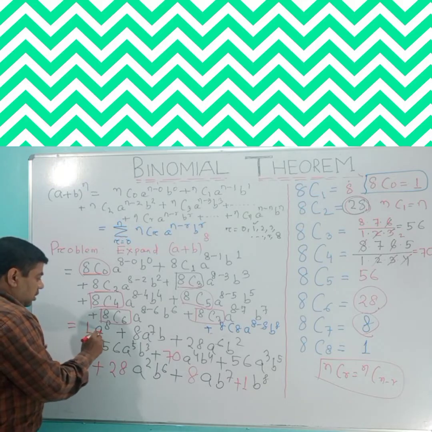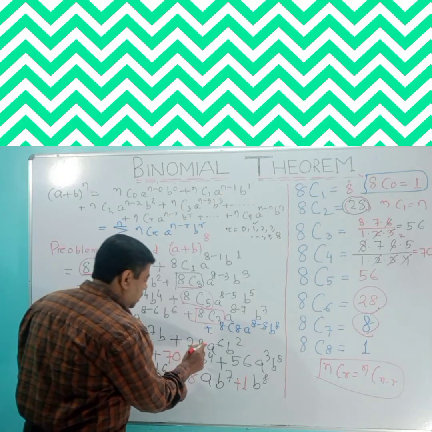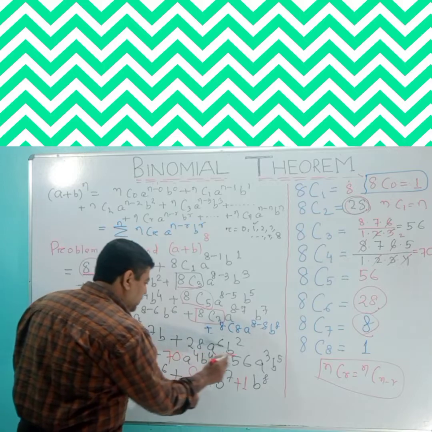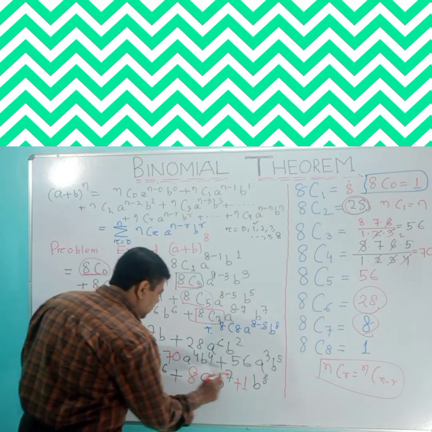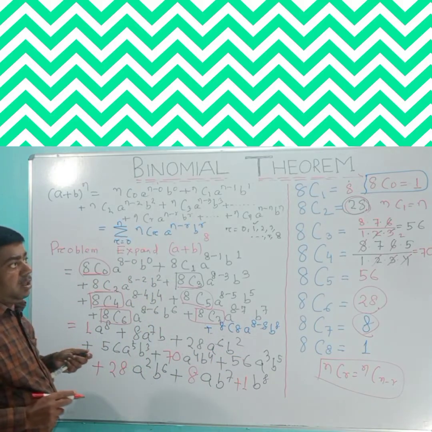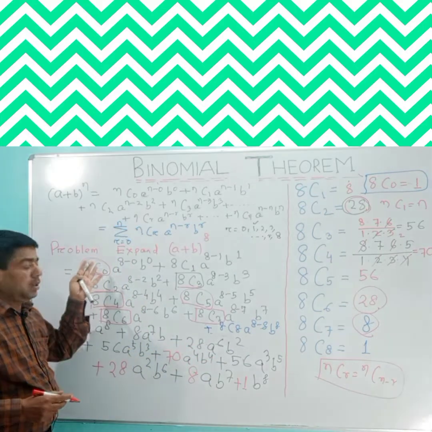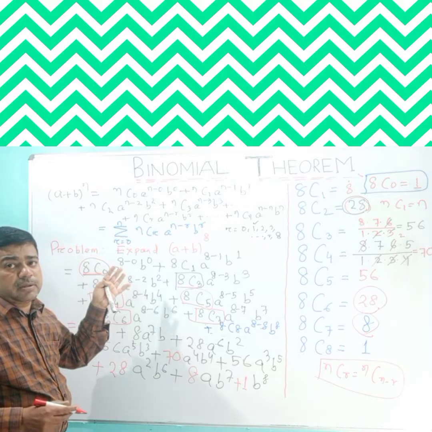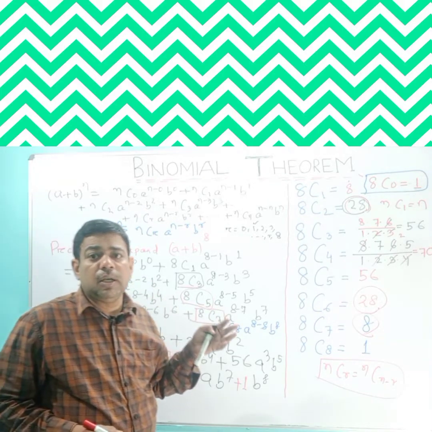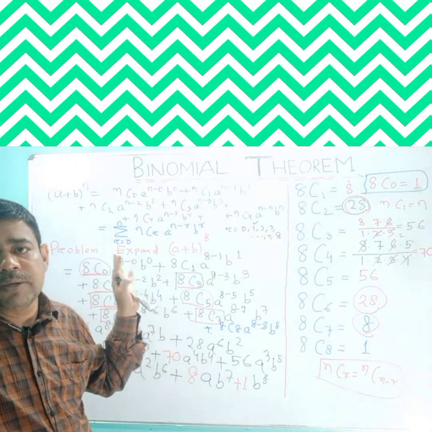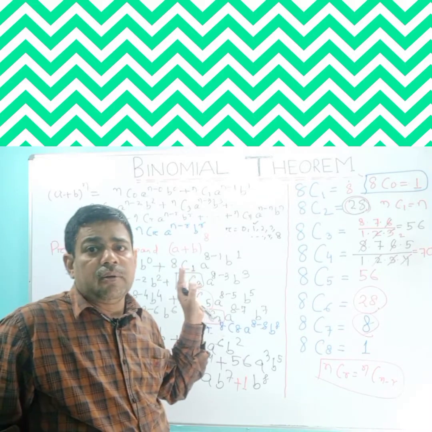You can check: 1, 2, 3, 4, 5, 6, 7, 8, 9. This is how we can expand any binomial expression with any power using the formula of the binomial theorem.